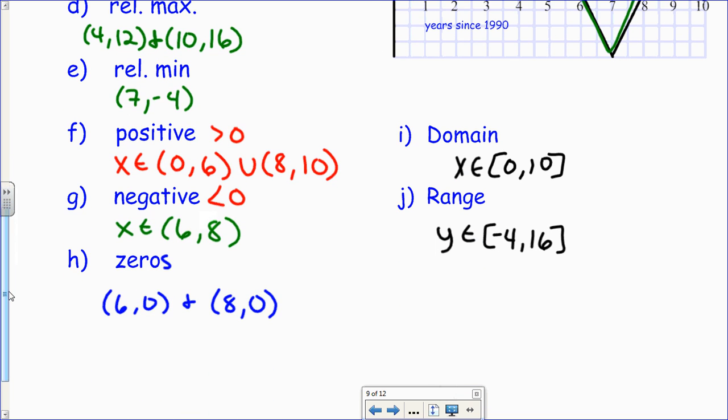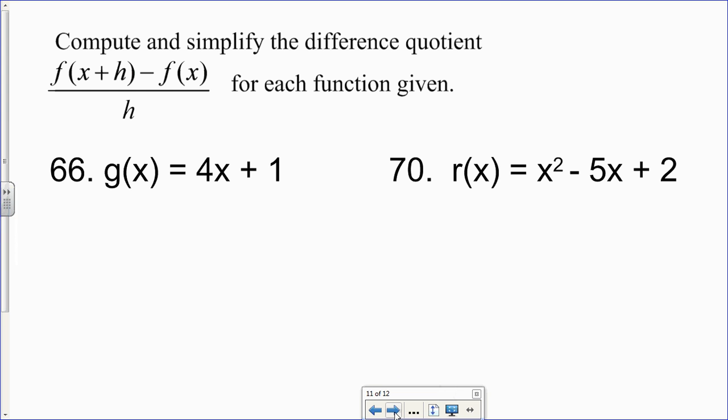Okay, so we need to talk about the difference quotient. The difference quotient is this little formula, and you won't have to memorize the formula. It'll be given to you. You just have to know how to use it.